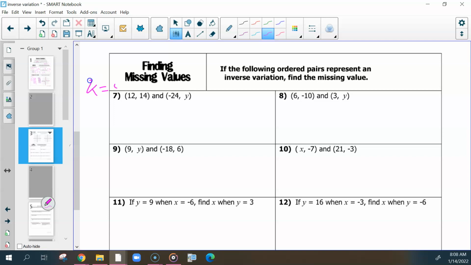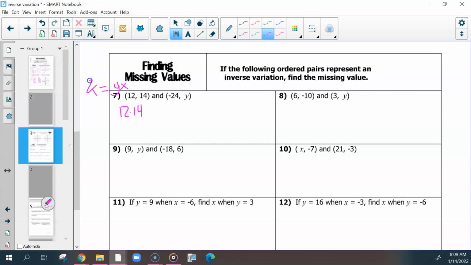So again, we have to remember our k is y times x. So for this, if we wanted to set up kind of like the proportion, but it won't be a proportion, I can set this up as an equation.